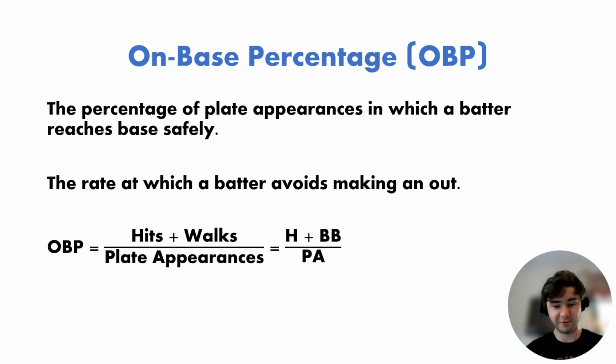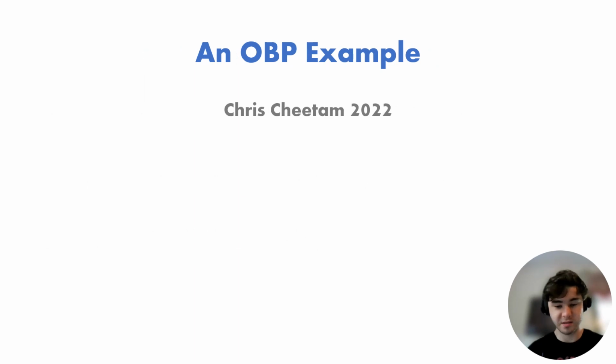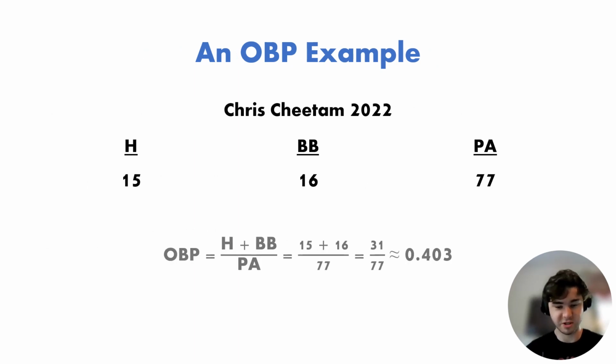The calculation for on-base percentage is shown at the bottom here. It's hits plus walks divided by plate appearances. So times on base divided by total times batting. To give an example here, I'm going to use Chris Cheatham's 2022 season, where he had 15 hits, 16 walks, and 77 plate appearances.